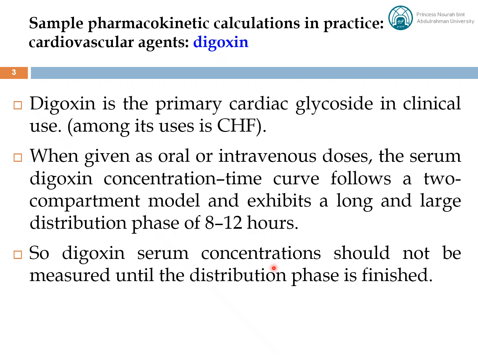So digoxin serum concentrations should not be measured until the distribution phase is finished. Distribution between what and what? It's an equilibrium distribution of the drug between plasma or blood concentration versus tissue concentration for that drug.